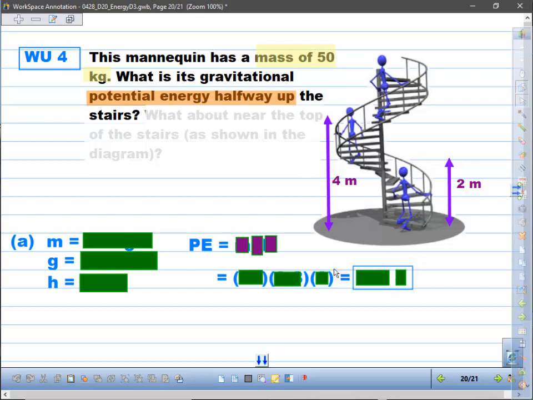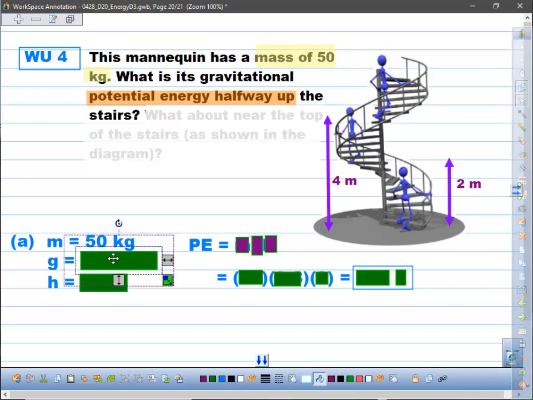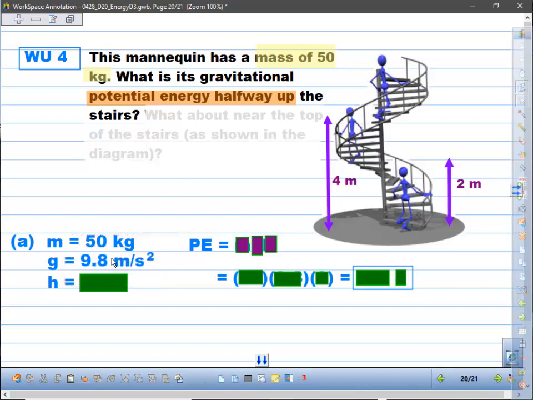Okay, so let's do halfway up the stairs. So here's our copy of the blue. Here are givens, and the unknown is going to be potential energy. This is the equation, GUE, and then S is substitute, and then S is solution. So let's first do the givens. What goes here? What is the mass? 50 kilograms is the mass of the mannequin. What is little g? 9.8 meters per second squared is little g.